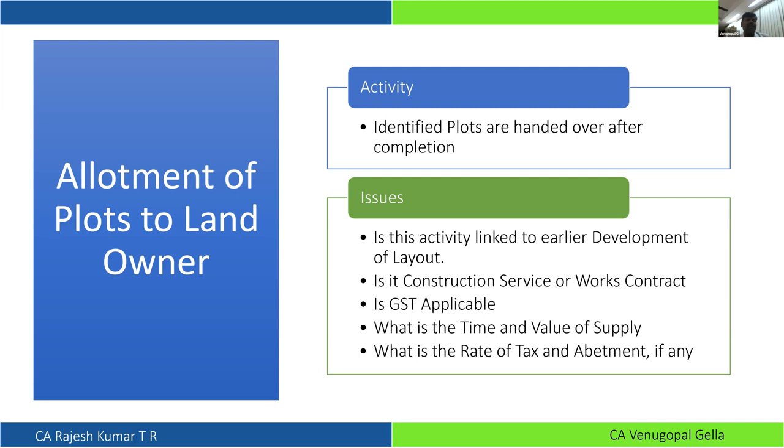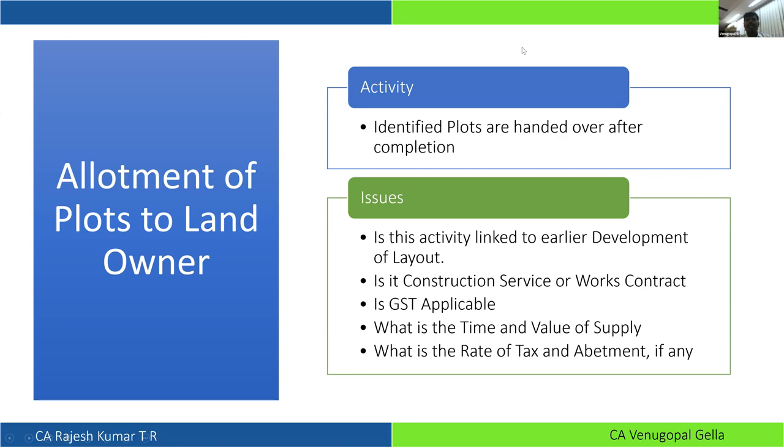But what if it is a joint development, which is most of the time, any activity in real estate is a joint development, wherein the landowner would express his inability to construct and do some activities, and he would say, let the builder take care of it.